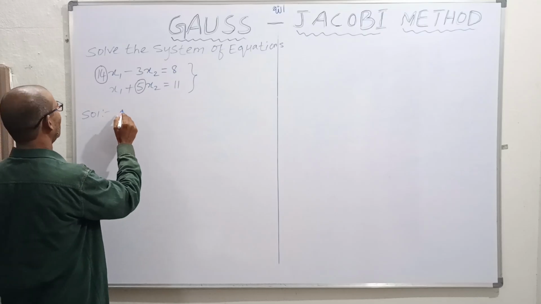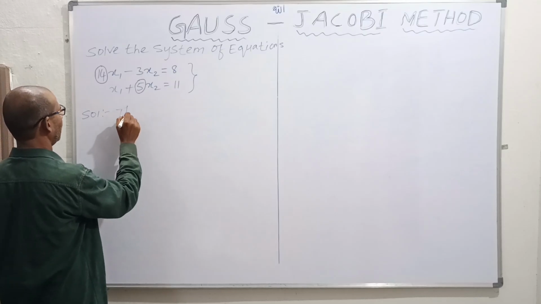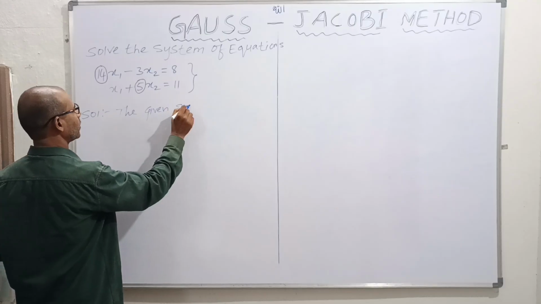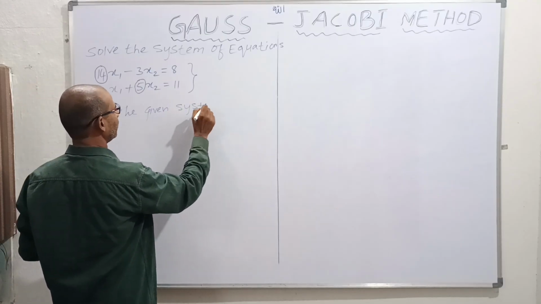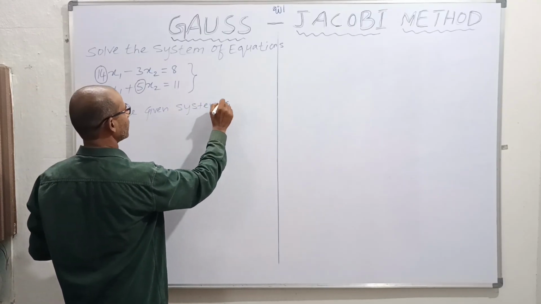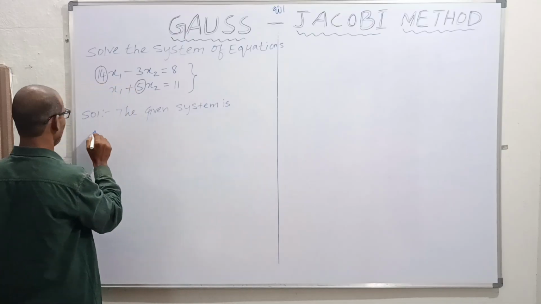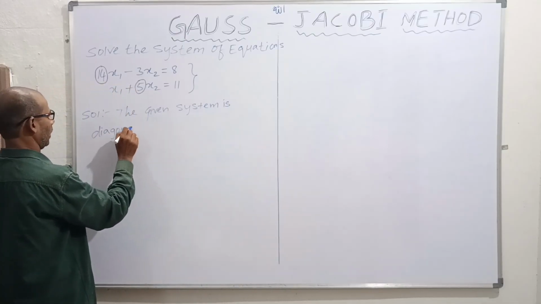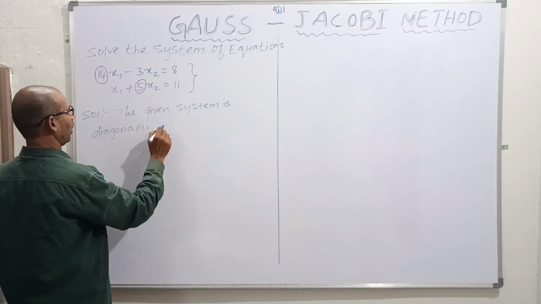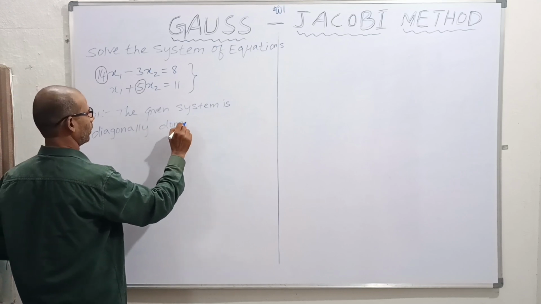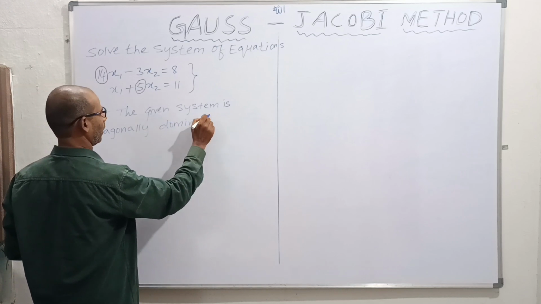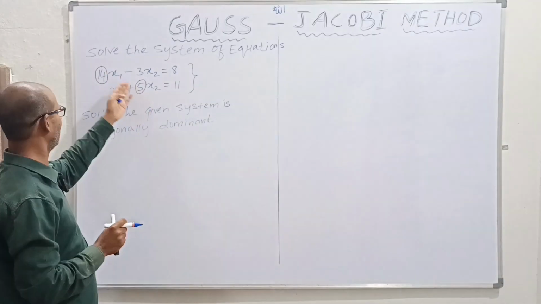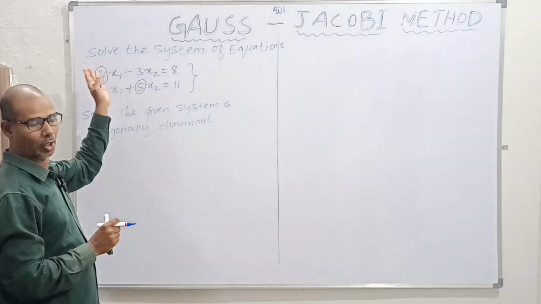Now we will solve this one. Since the given system is diagonally dominant, you see the diagonal coefficients are dominant.